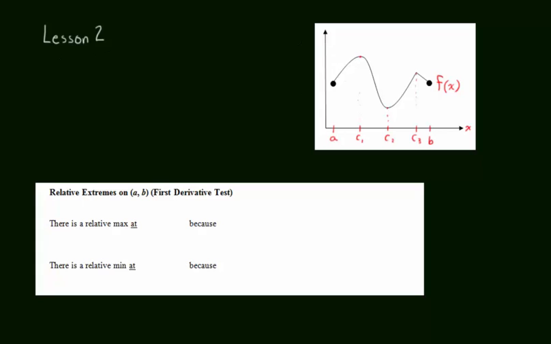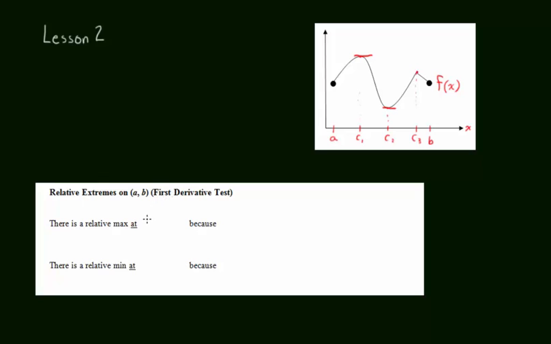These are all critical x values because either we have a horizontal tangent, such as here, here, or we have a corner where the derivative doesn't exist. But A and B are also critical x values because we have endpoints at those x values.